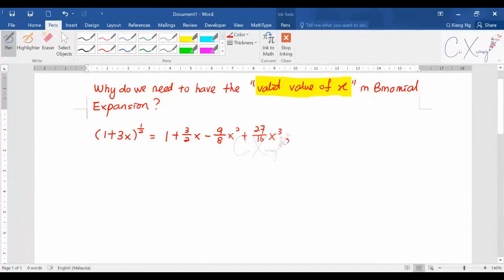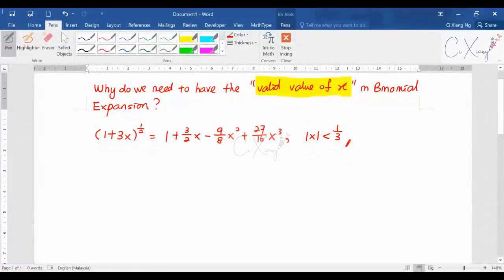And then according to the technique that we learned before, the value of x for this one is modulus x smaller than 1 over 3. This is something that we learned in the previous videos, so you need to know how to expand it correctly and also how to write the value of x correctly.